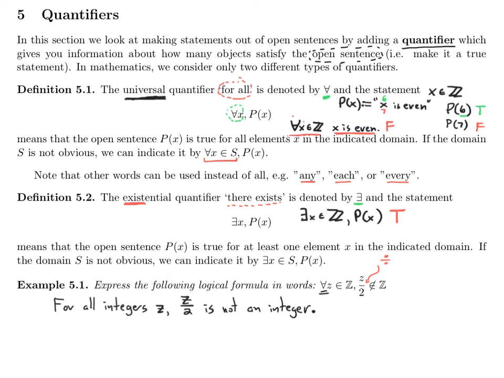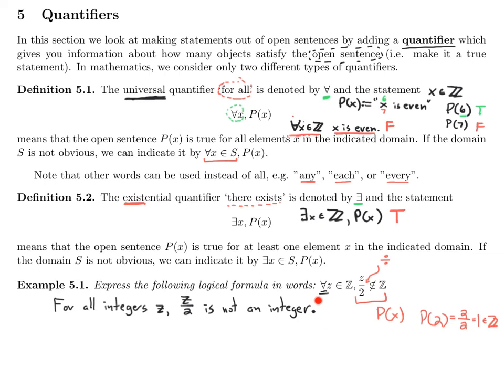Of course, a natural question would be, is this now a true statement or a false statement? Well, pause the video, see if you can figure it out. Now that you're back, you can see, if I put z equals 2 in here, so let's call this p of x, well, p of 2 is 2 over 2, and that is indeed 1, and 1 is an integer.